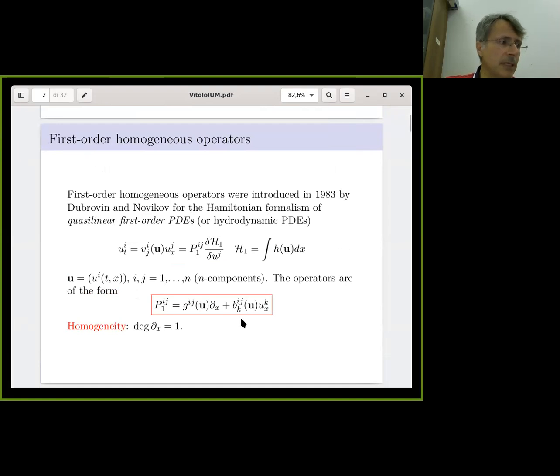When you lower this index with a minus sign, this coefficient transforms as the Christoffel symbol of a linear connection, and the fact that the operator is Hamiltonian is equivalent to the fact that this connection is symmetric and flat. So it's the Levi-Civita connection of Gij, when you interpret it with lower indices as a metric tensor. And there is also the additional condition of flatness.